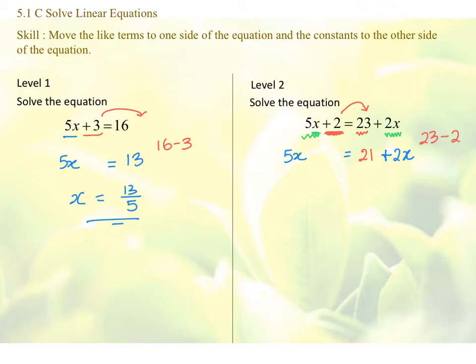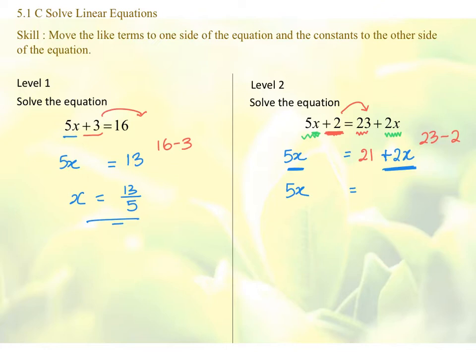Now let's take a look at our x terms. So I have 5x over here, and this is a plus 2x. 5x is equal to 21, add 2x. So now I'm going to shift all the x terms over to my left hand side. 5x stays here, don't move.